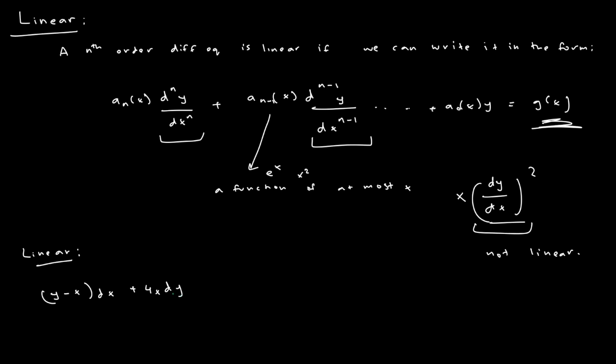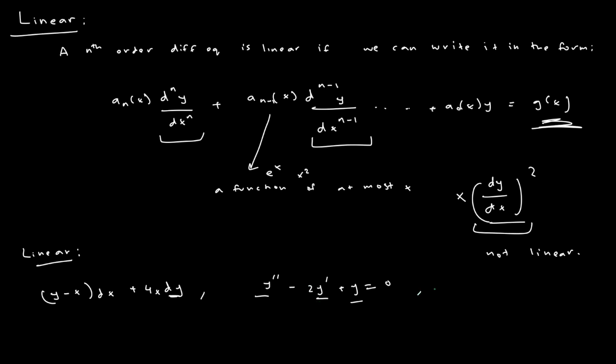Since the term related to dy is multiplied by a function of x, and over here y is also just multiplied by a function of x, we're fine there. And then another one is y double prime minus 2y prime plus y is equal to 0. Again, none of these terms have any special thing going on. They're just multiplied by some functions.